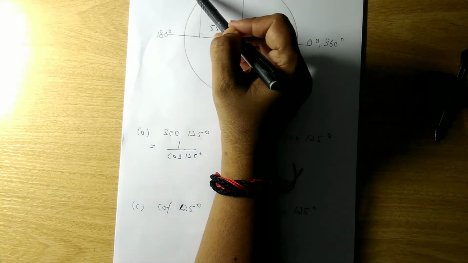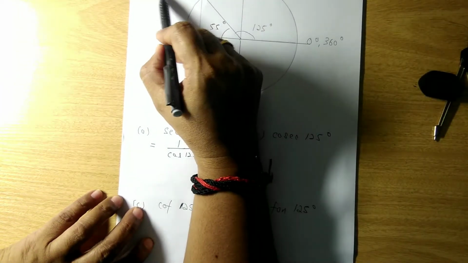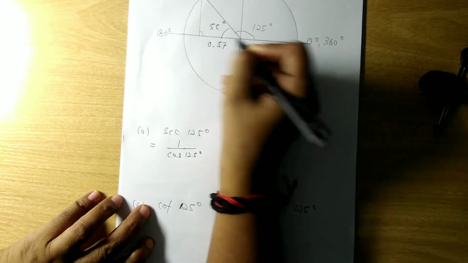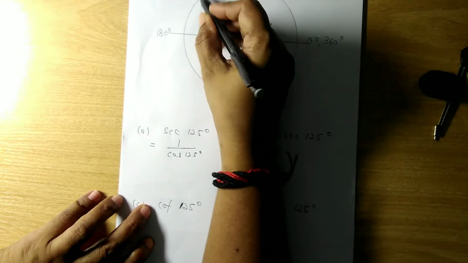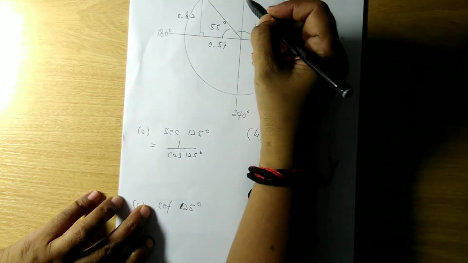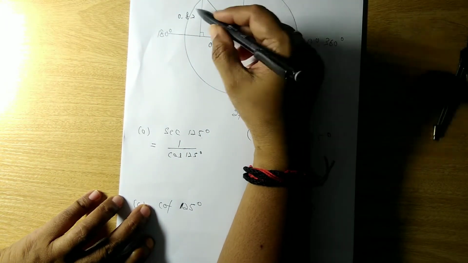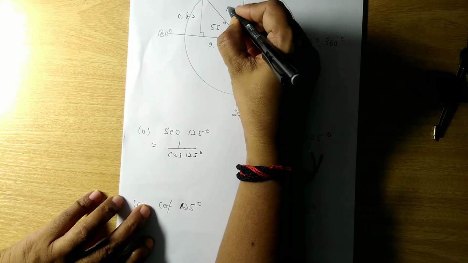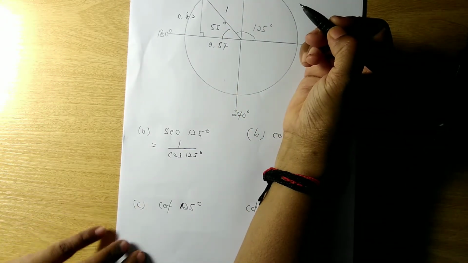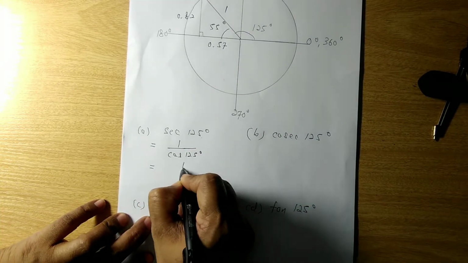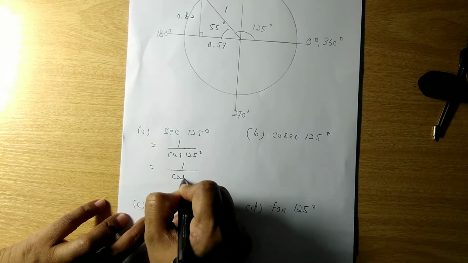So this is for x, meaning this is 0.57, and here is 0.82. If you use the Pythagoras theorem on this unit circle, the hypotenuse is almost 1, so the radius is 1. That means cos of 125 is actually cos of 55 degrees.